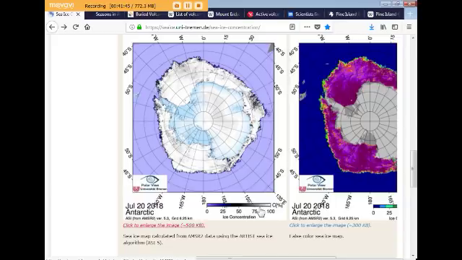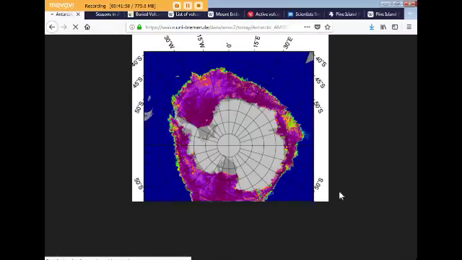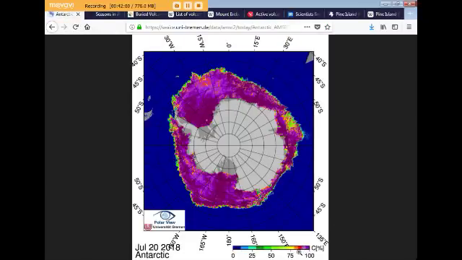You can see on the graph here the concentration, and if you can't get the whole picture, you can just click on the image here. And here's the scale below.